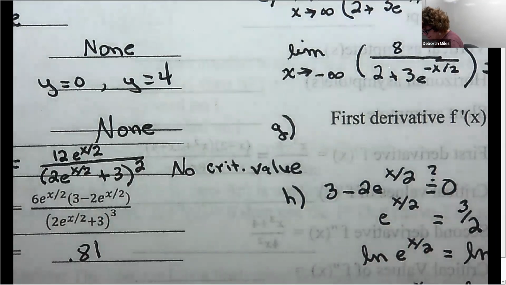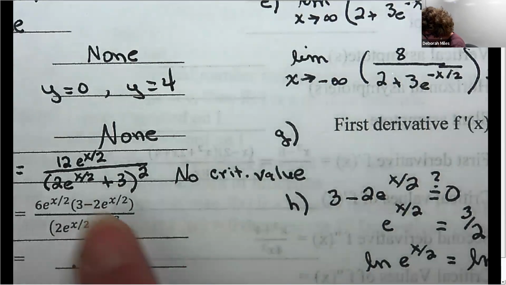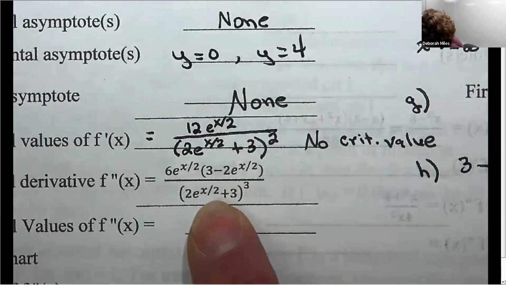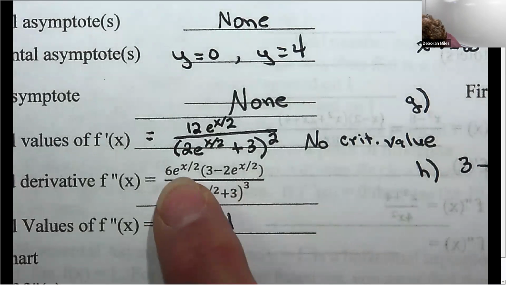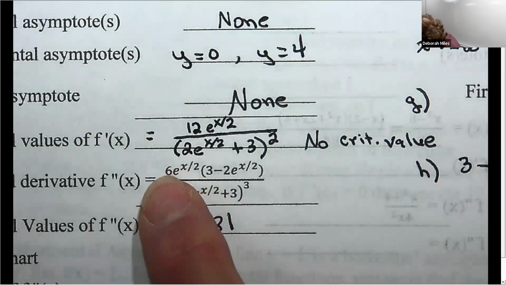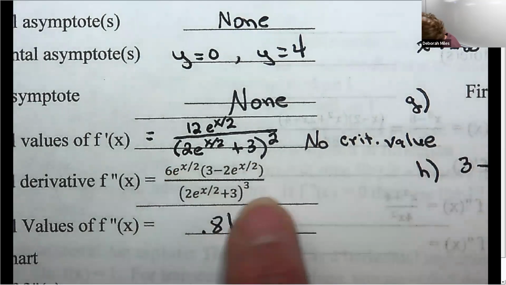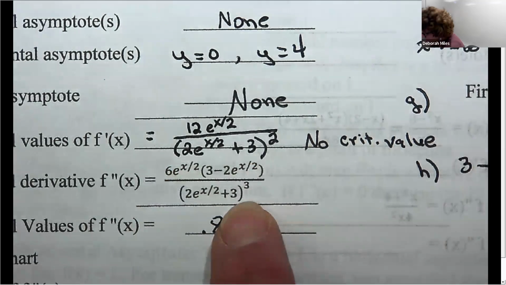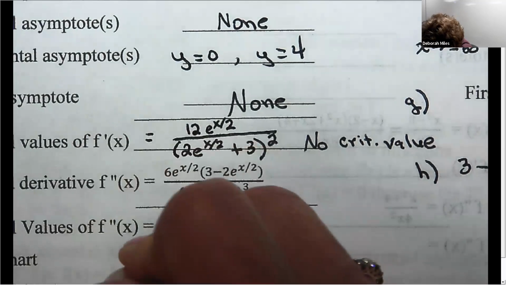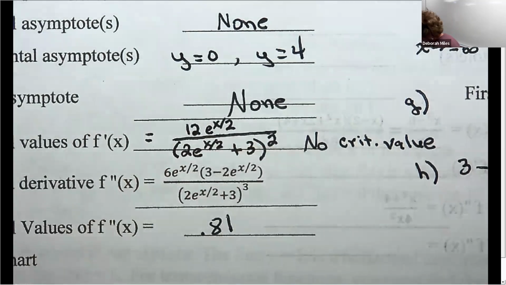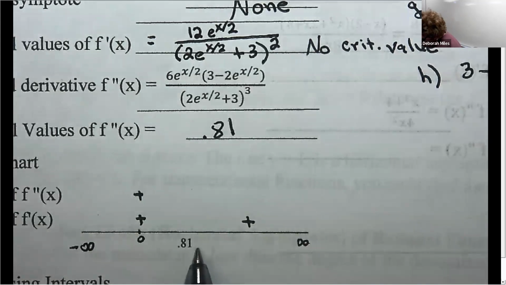What about the second derivative? Right here, if we plugged in a 0, what would the sign of the numerator be? That'd be 6 times 3 minus 2, and 3 minus 2 is positive. What about the denominator? Positive, and a positive divided by a positive is positive. What about your favorite number to the right of 0.81? 1.